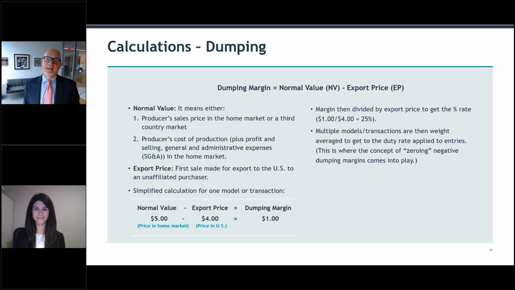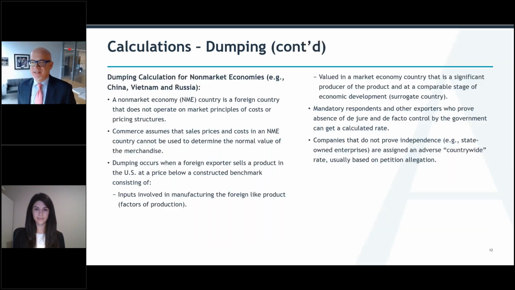But that zeroing practice is the notion of increasing to zero negative dumping margins for those comparisons that draw not just a zero dumping margin, but a negative dumping margin. And the big controversy there is, should you treat that as zero, or should the companies be getting the benefit of that negative dumping when the whole weighted average is calculated? But anyway, that's enough on the math. Let's move on to the next slide.